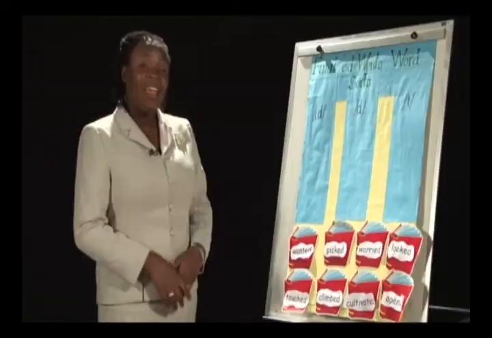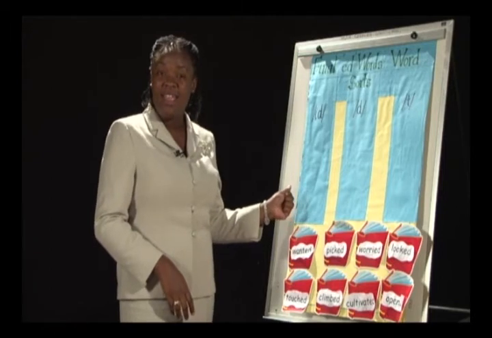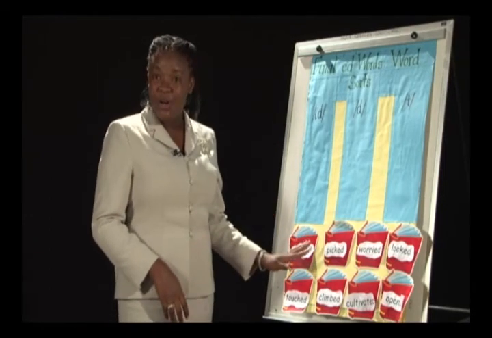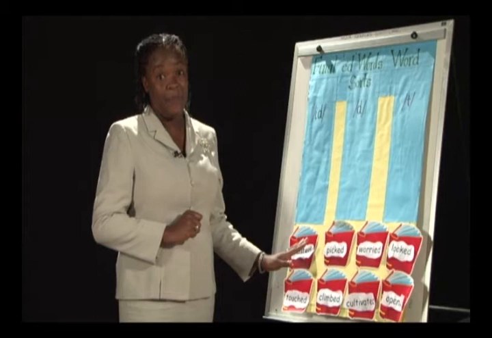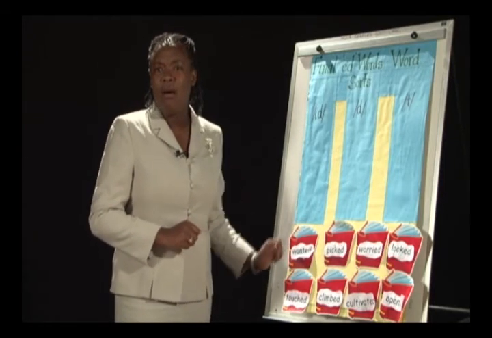Okay. We are going to be categorizing our words based on their ending sounds. Here we have some words on our chart. They are all words that we have been using. Now, they are all mixed up.